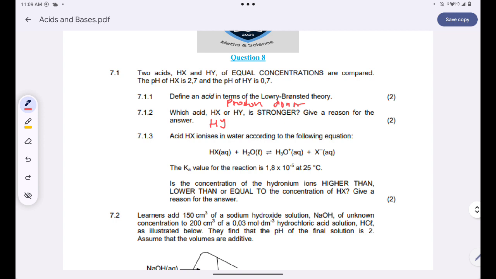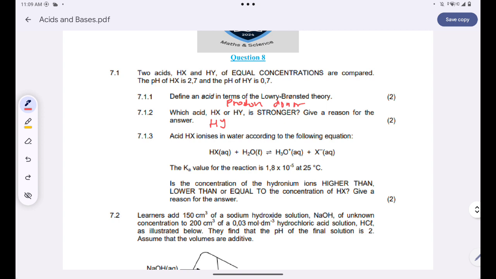Is the concentration of hydronium ions higher than, lower than, or equal to the concentration of HX? Give a reason for your answer.